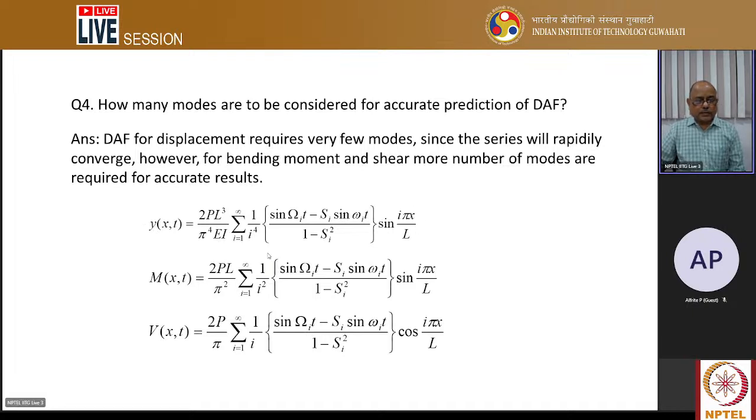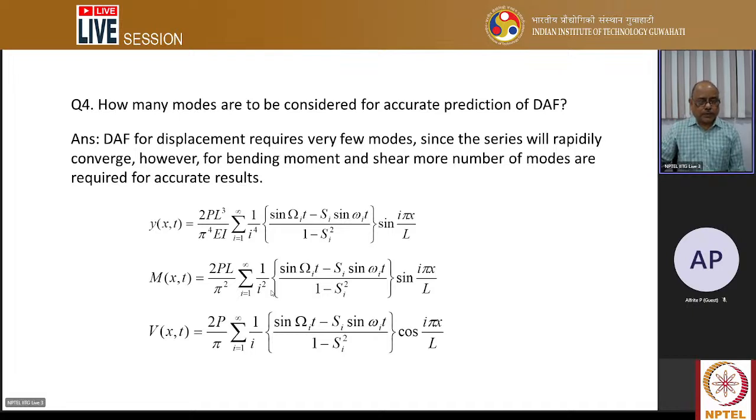From this expression, inspection reveals that the displacement series is very rapidly converging, because it is i to the power 4. So very few terms are needed for accurate prediction of dynamic amplification factor.